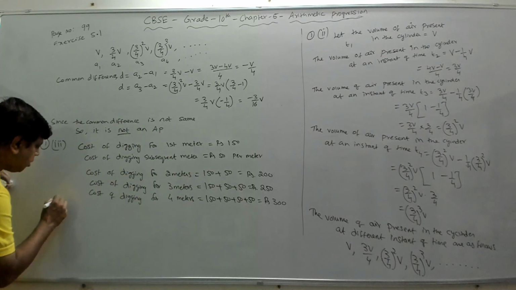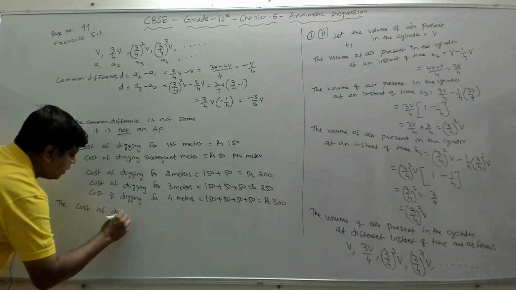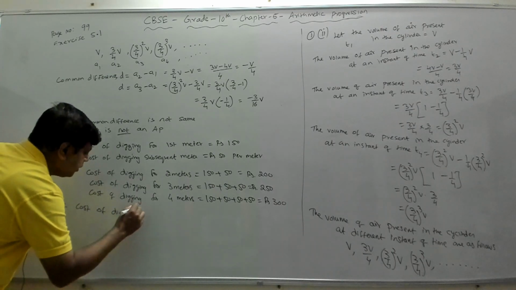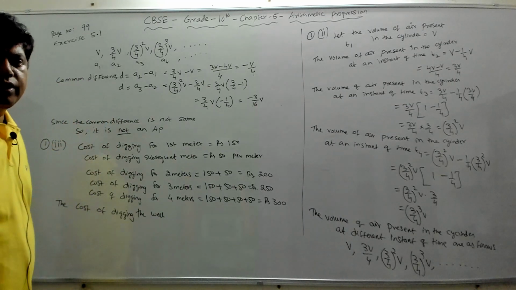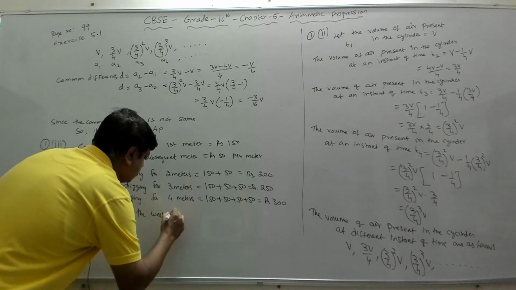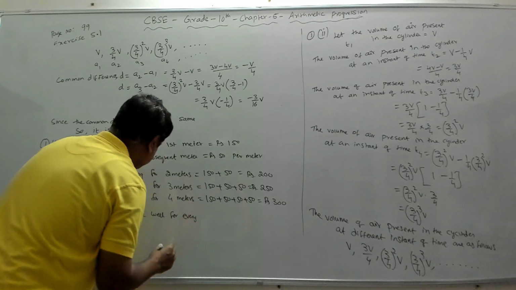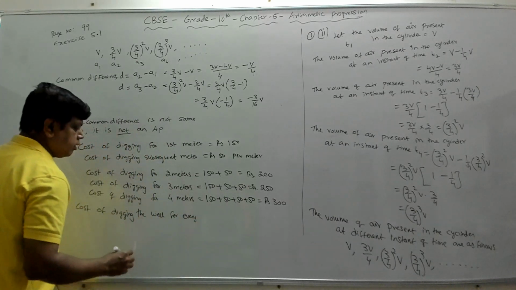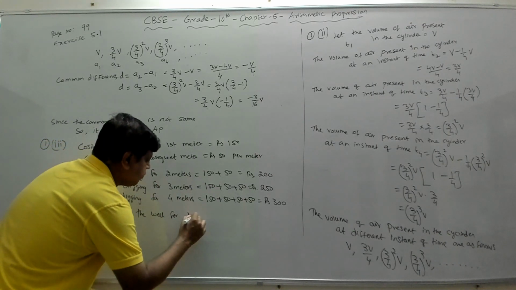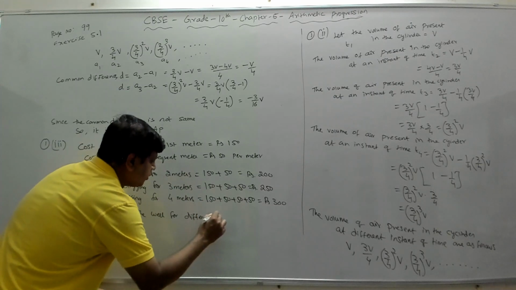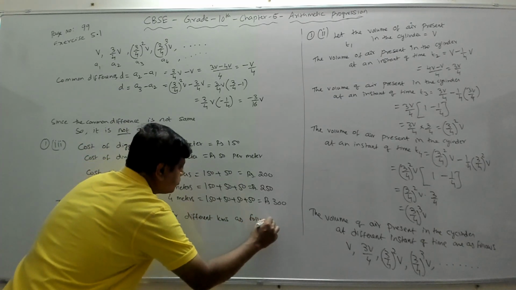So the cost of digging the well for different meters as follows. So what are they?